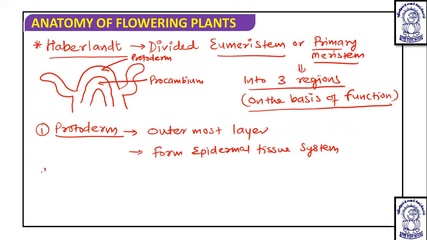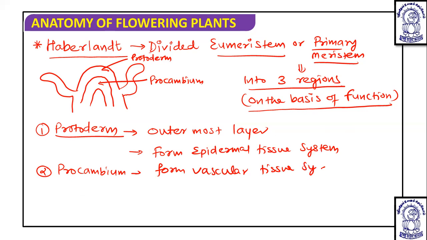So second is procambium. It forms the vascular tissue system, and this vascular tissue system consists of xylem and phloem, that is, the vascular bundle.